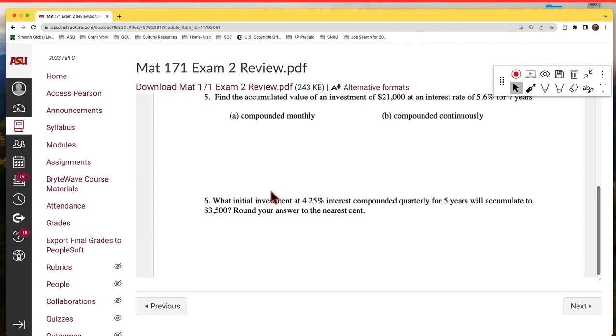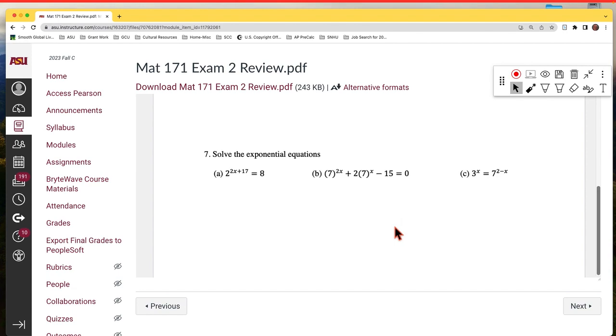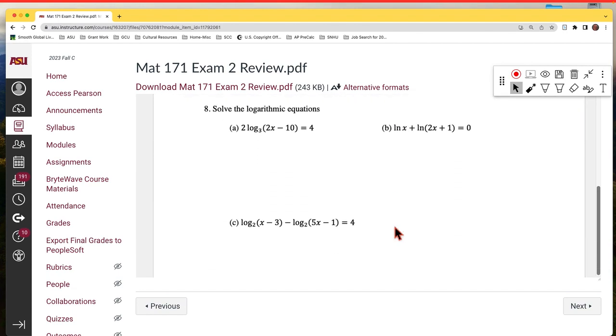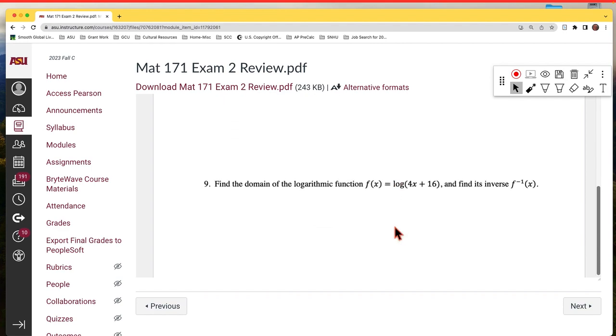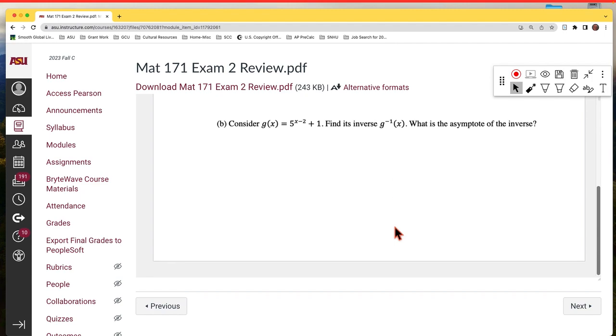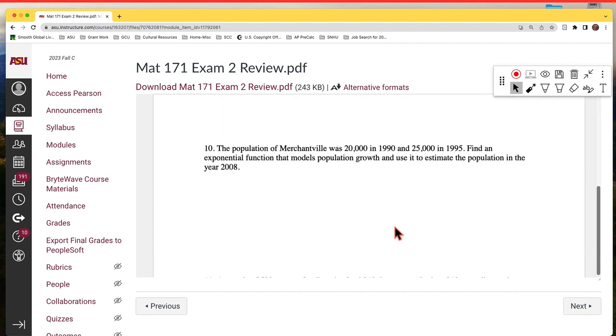Compounded quarterly for 5 years, accumulate. So again, compound interest. We did these. We did some of these. We talked about this one already. We did the inverse.